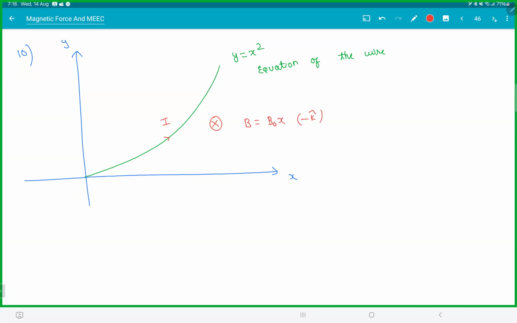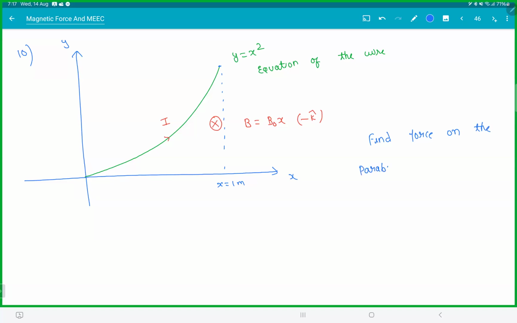Non-uniform field. Find the force on this parabola up to 1 meter. Let's say this wire ends here at x is equal to 1. Now you can't use projected length. The field is not constant.